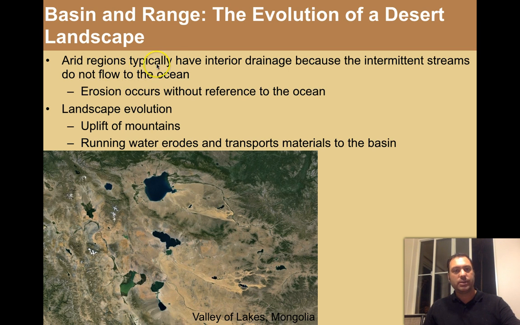Well, we have a couple of things that we need to bring up here. So arid regions typically have interior drainage. In other words, they drain into itself because the intermittent, or ephemeral is a better way of saying it, the ephemeral streams do not flow to the ocean. Erosion occurs without reference to the ocean. So remember, the beautiful thing about the ocean is that rivers are always trying to cut down their baseline, right?